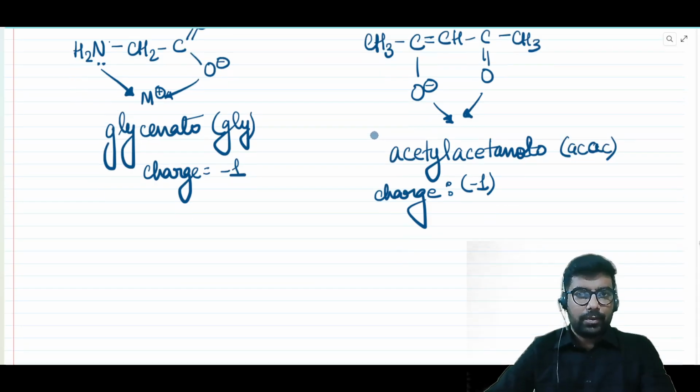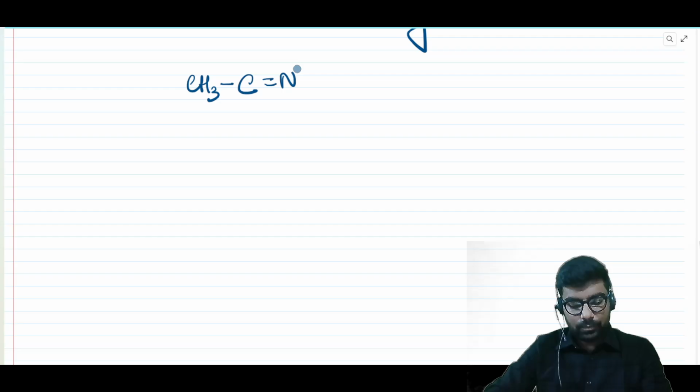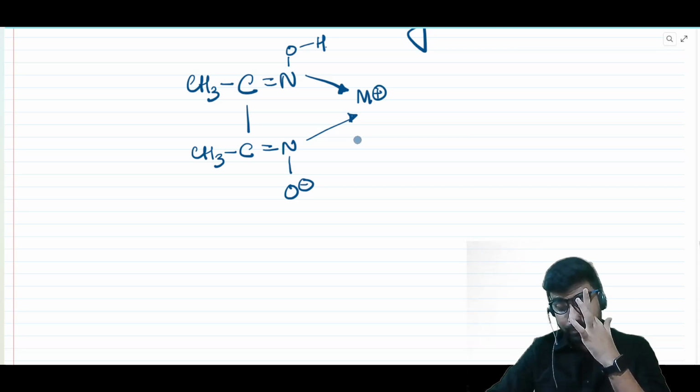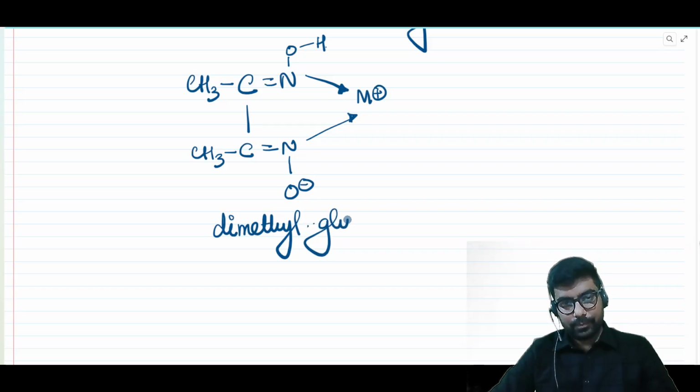Then we have something like this: DMG. This is called dimethylglyoximato.